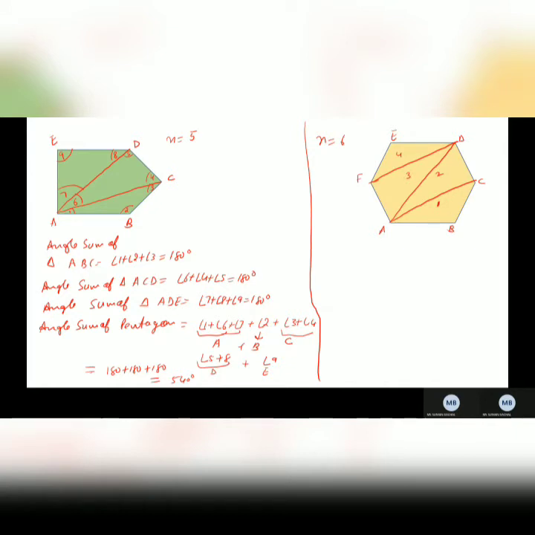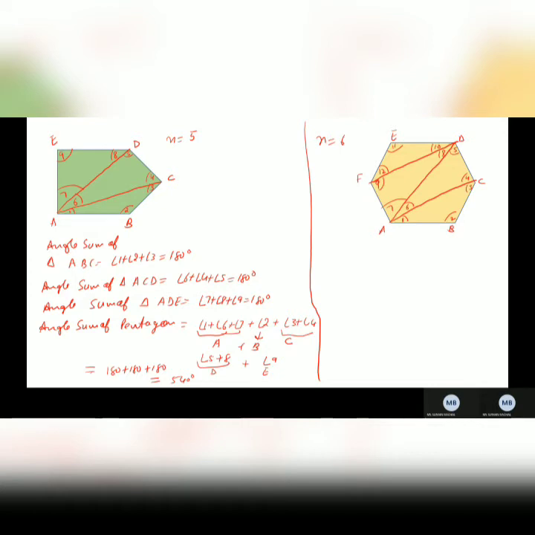Or you can see there are 4 triangles in this figure. Now these are the angles again: angle 1, 2, 3. Here I can write 4, 5 and 6. Here I can write 7, 8, 9. Here it is 10, 11 and 12.